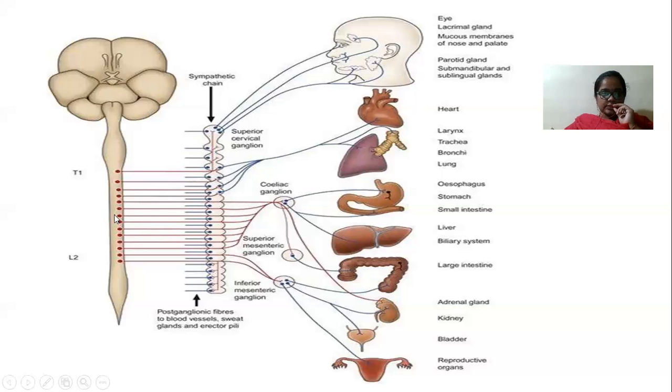Next, the thoracic region. In the thoracic region, the sympathetic preganglionic neurons extend from T5 to T11.